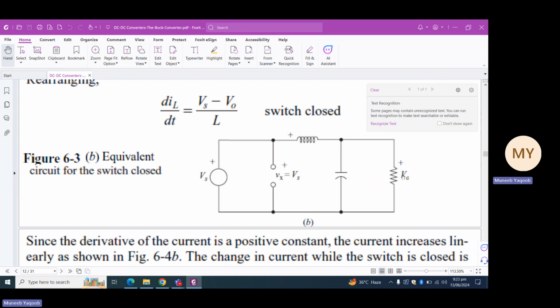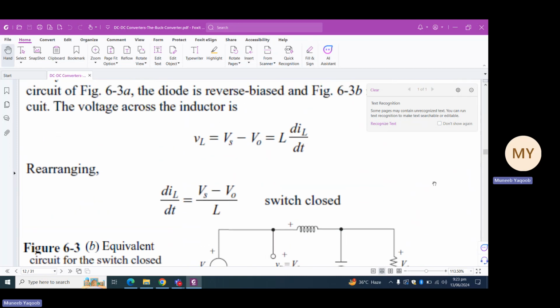You can see that when the switch is closed, the diode is open circuited. Now if we apply KVL on the outer loop, we can write minus Vs plus VL plus Vout equals 0. And it will give us VL equals Vs minus Vout. Now, from basic elementary electrical engineering, we know that VL equals L dI by dt.